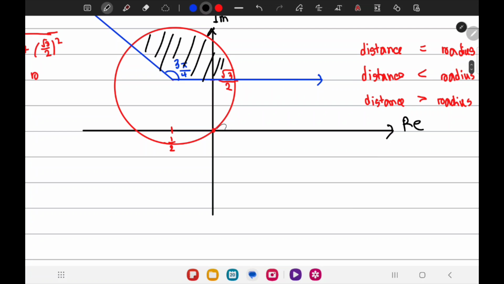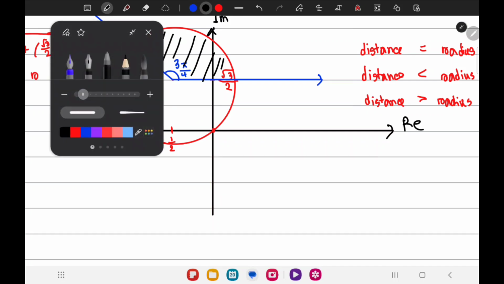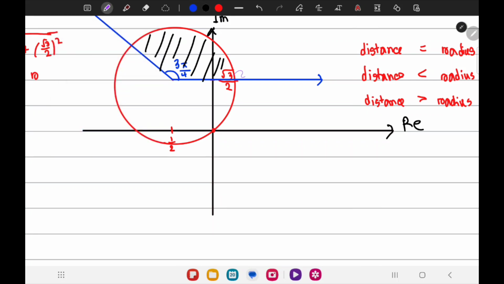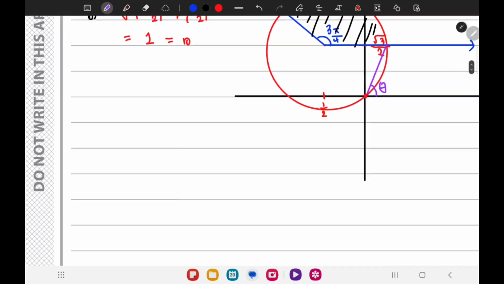So the smallest angle, if you noticed, would be when it's here. So if I change the color, this point will have the smallest argument. So if I draw a line like this, theta will be the argument.